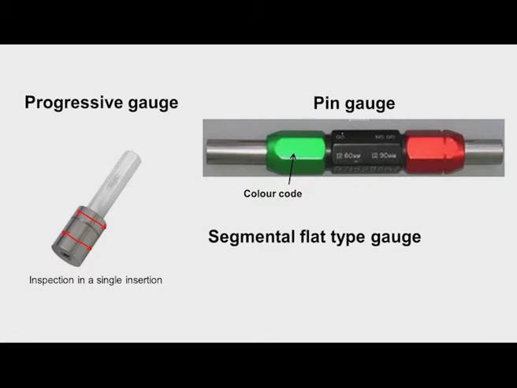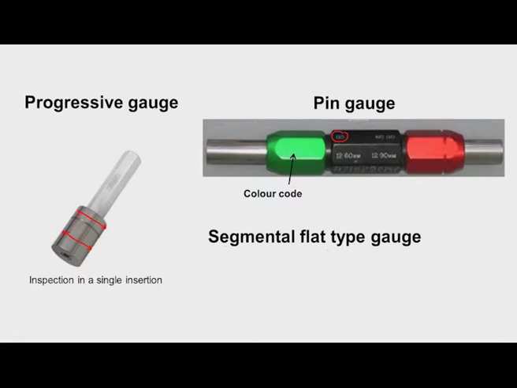The go side is also marked, and the color indicates that this is go. Then we have red color here, which indicates that this portion is no go. The exact sizes are also mentioned here. This diameter is 12.80 millimeter and this diameter is 12.9 millimeter.